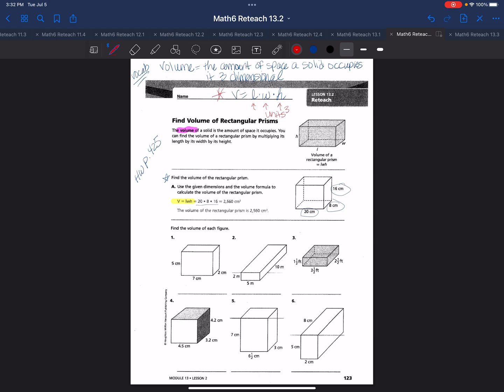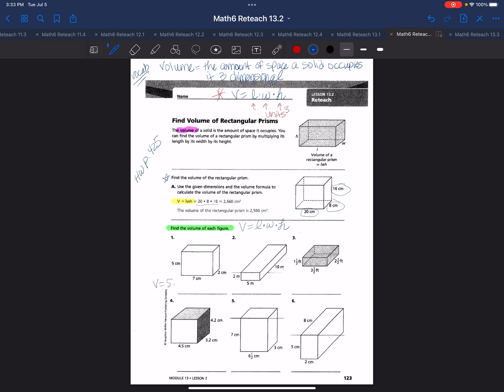Let's work on a few examples below. It says to find the volume of each figure. We will continue to use our formula, volume equals length times width times height. The first one looks pretty straightforward.